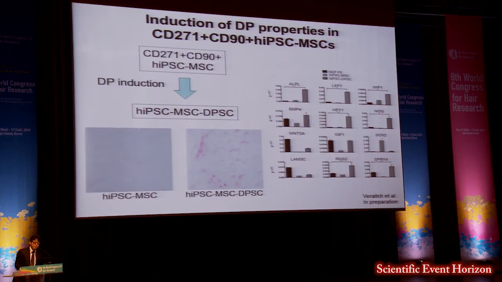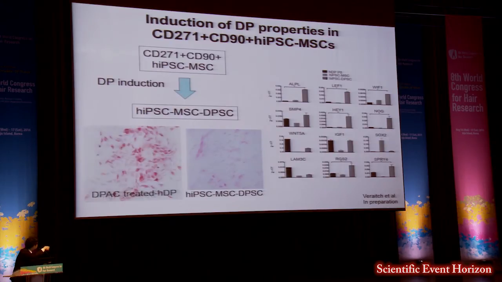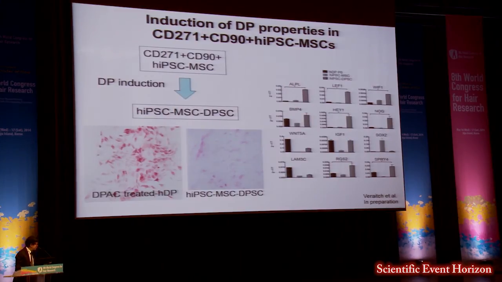Some of the cells are cuboidal, and they are similar to the human dermal papilla cells functionally restored in the DPAP condition that I mentioned before. These are the mesenchymal-derived human dermal papilla substitute cells, as we call them. And these are the dermal papilla cells in culture, but some markers are more highly upregulated in the human iPS-derived dermal papilla substitute cells.